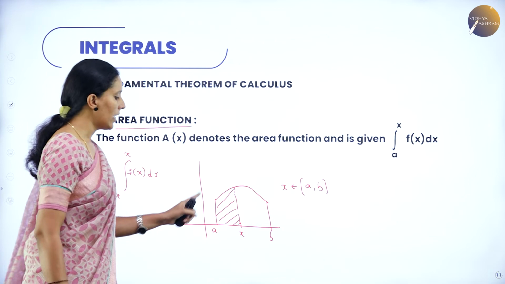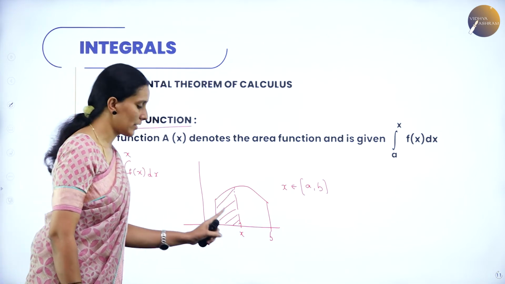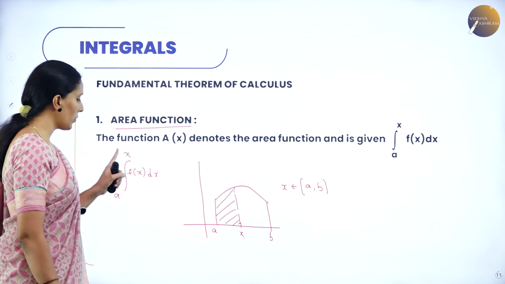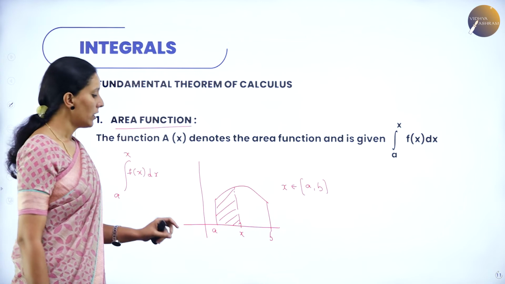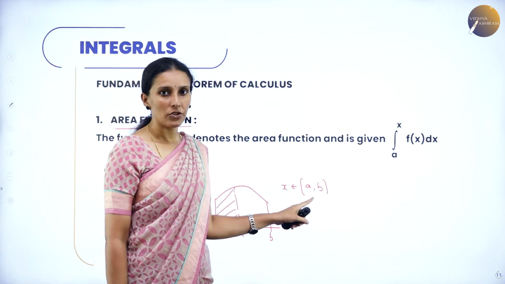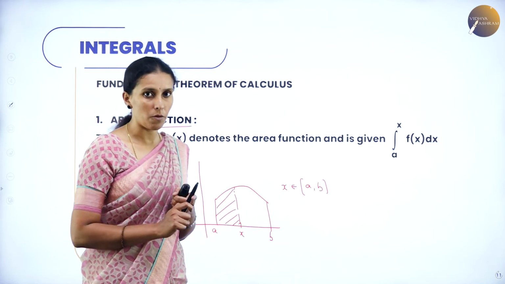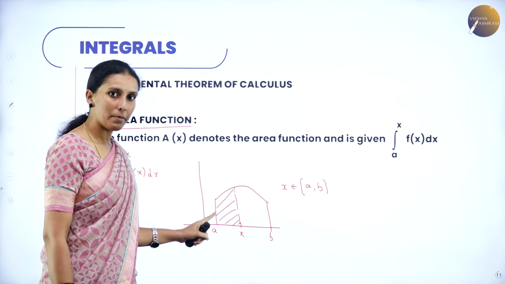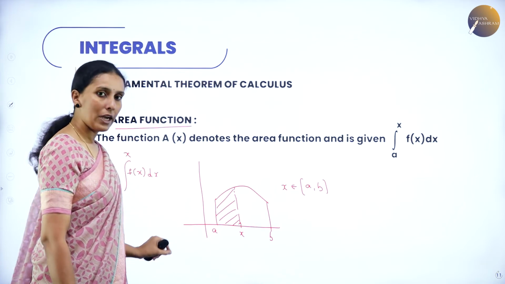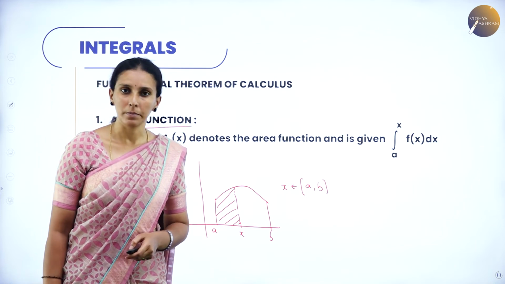It denotes the area from the interval a to x, which is denoted by the integral from a to x of f(x) dx. This is called the area function, where x belongs to the closed interval [a, b]. Thus, the area function is nothing but the area shaded by the region from a to x, where x belongs to the closed interval [a, b].